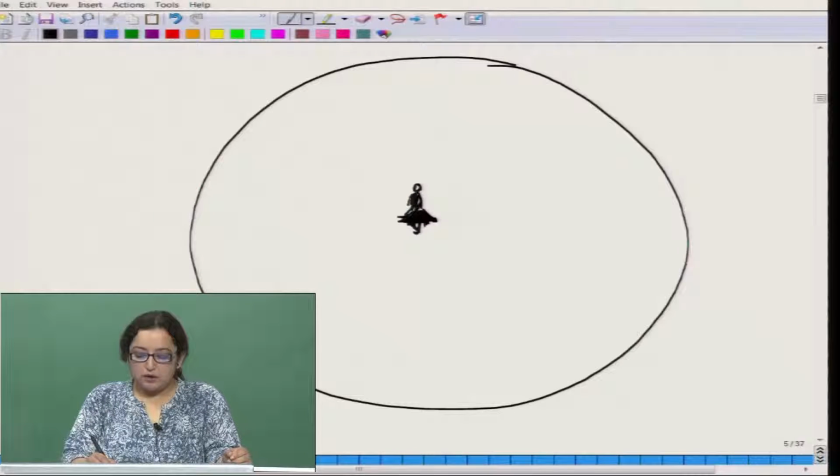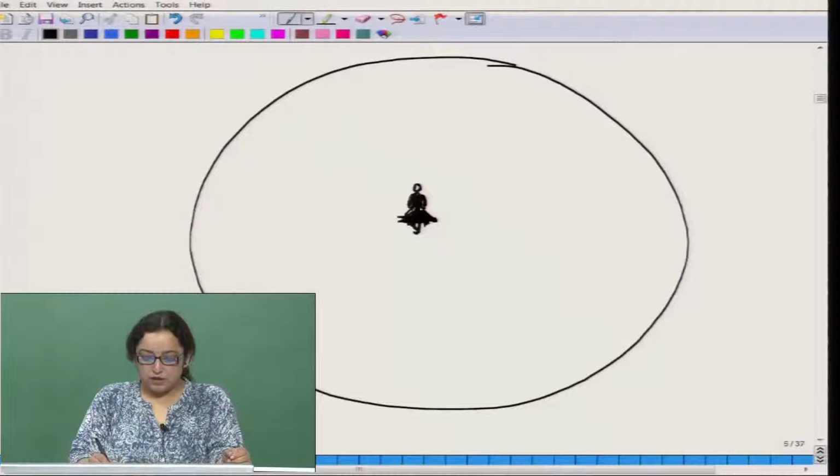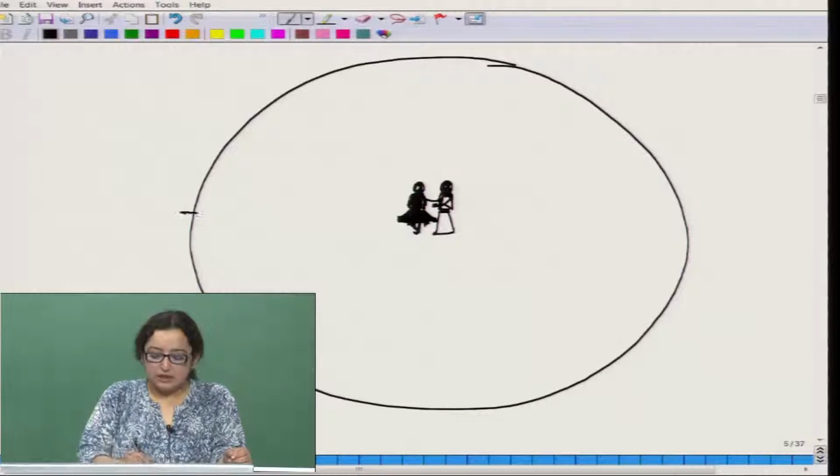In Nathadwara miniature painting, we see the image of Srinathji dancing with the main gopi, she is Radha, right at the center, and the image gets multiplied.